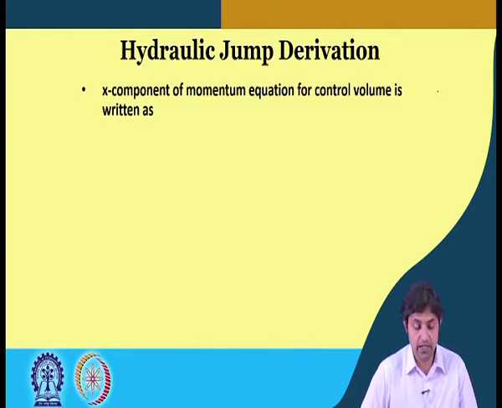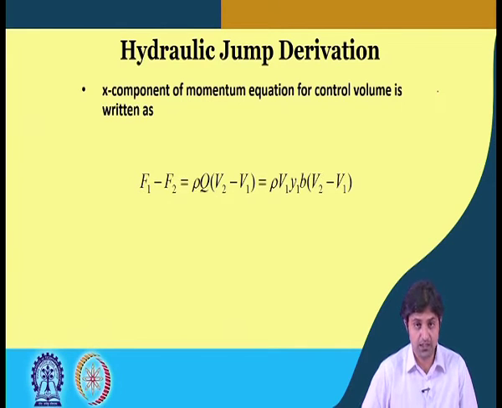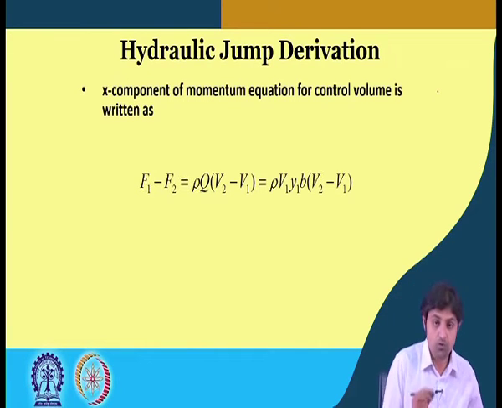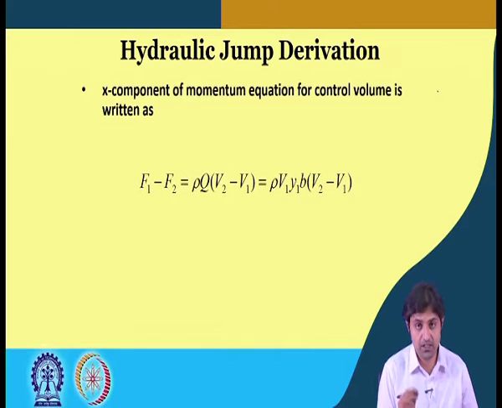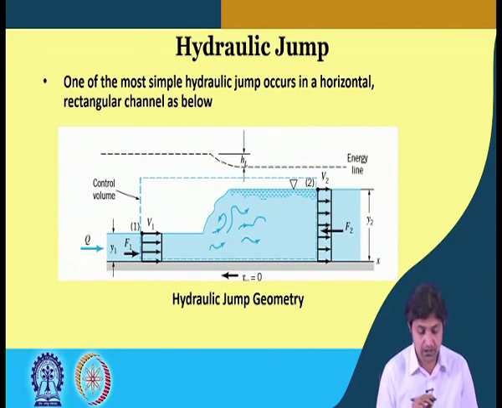So, the x component of the momentum equation for the control volume is written as F1 minus F2, the difference in the hydrostatic pressure forces, equals rho Q (V2 minus V1). So, we go back to our original diagram and see what exactly we are talking about.